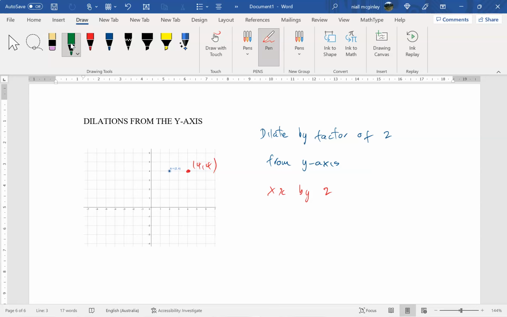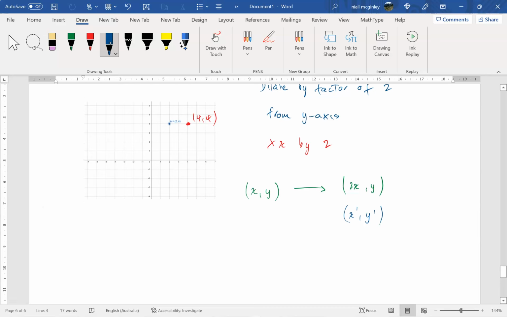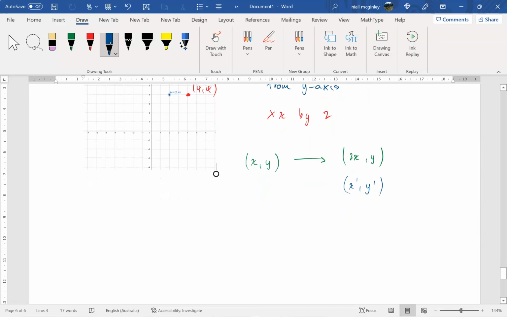Again, if we study this using a general form, if we had the point (x, y) and did this dilation of factor 2 from the y-axis, it would become (2x, y). Using mapping, we map that original point (x, y) onto the image (x', y'). Here x' is equal to 2x, and y' is equal to y, because the dilation from the y-axis has no effect on the y-ordinate.